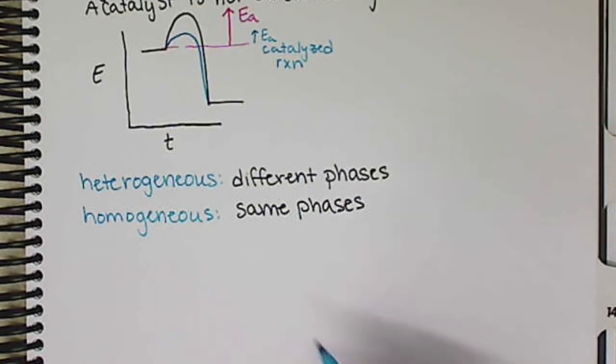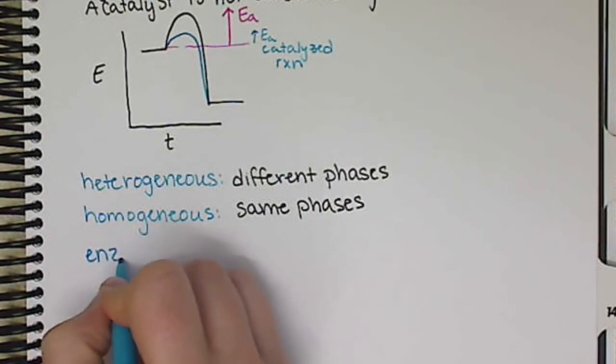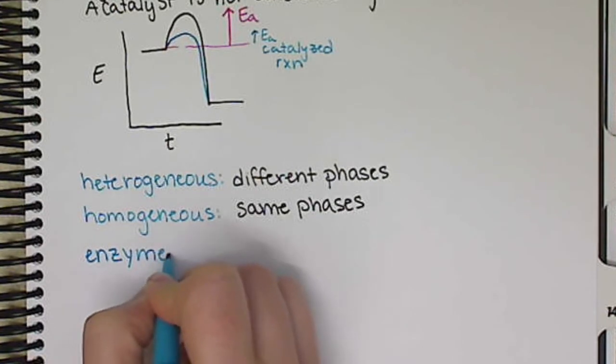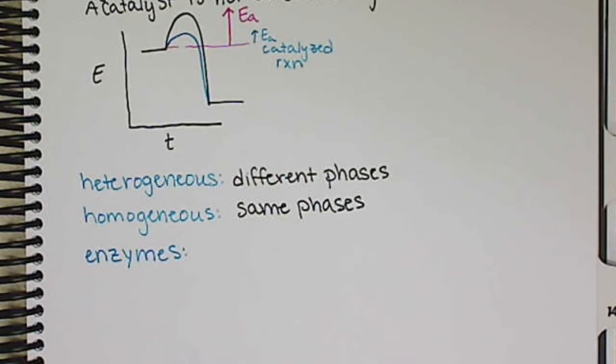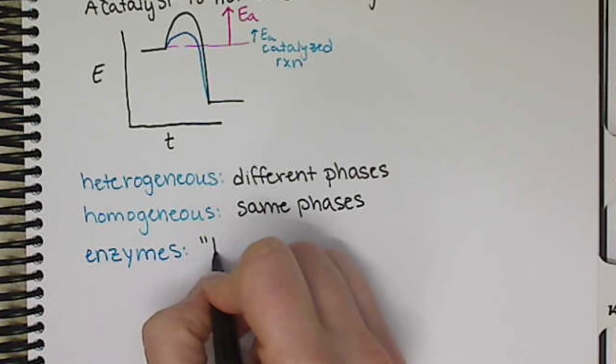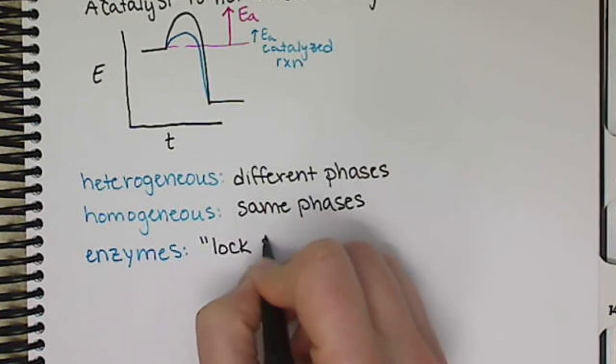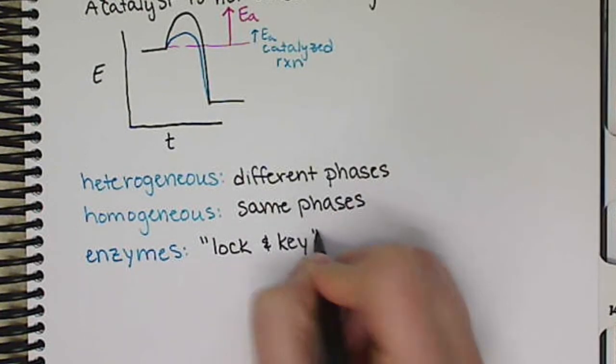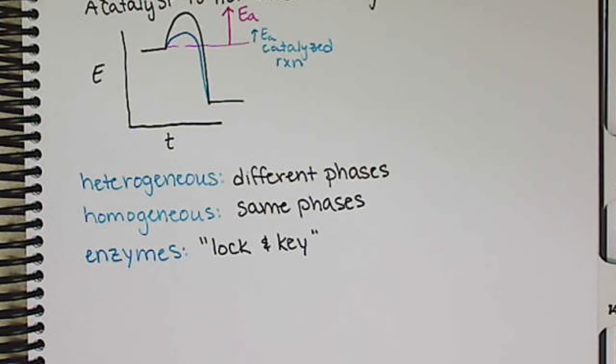For you biologists, enzymes, these are basically biological catalysts. Sometimes chemists, biologists probably too, refer to the lock and key concept, and that's where these enzymes are kind of shape specific, so not always necessarily just the elements that make up the enzyme, but the shape that that enzyme has.